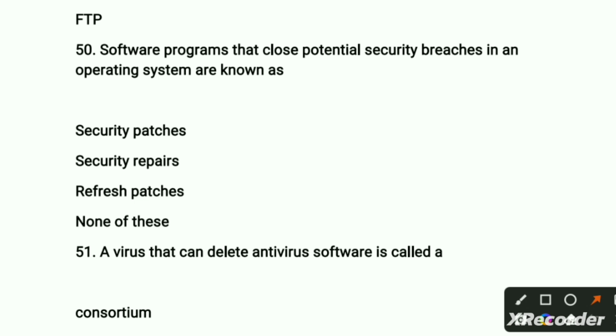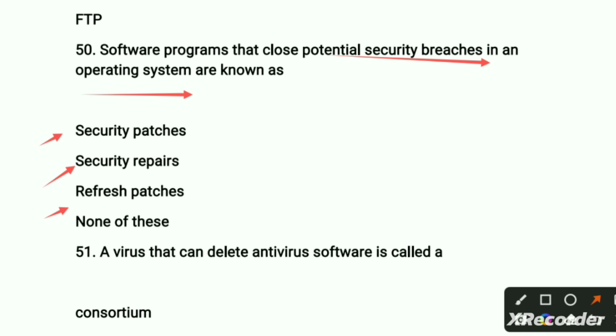Software programs that close potential security breaches in an operating system are known as, first option is security patches, second option is security repairs, and the third option is refresh patches. Security patches means software that corrects errors in computer software code. Refresh means a procedure to retrieve the latest patch information from one or more target services.